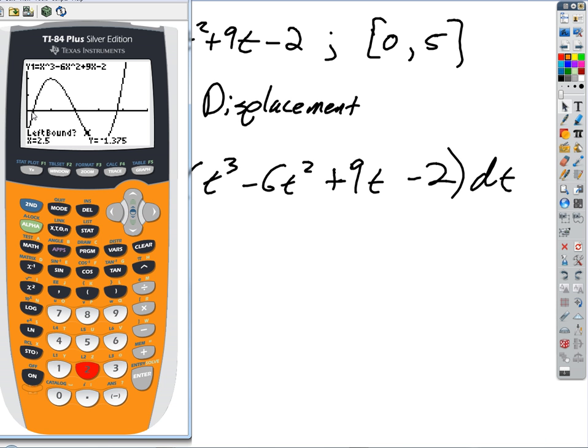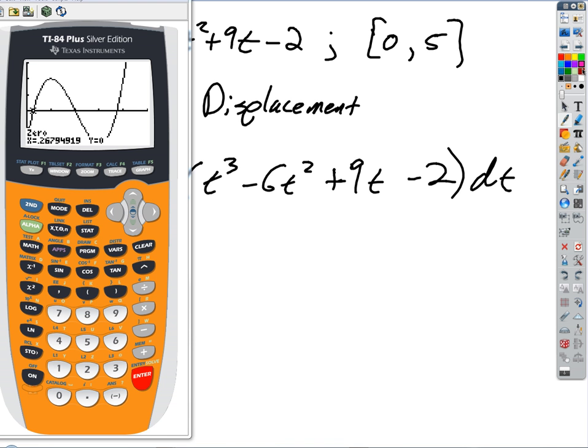Well, what would boundaries be that surround that first x-intercept? Obviously, 0 and 1. So my left boundary I could pick as 0, enter. Right boundary I could pick as 1, enter. And for my guess, I could just go 0.5. And it gets me right to it.